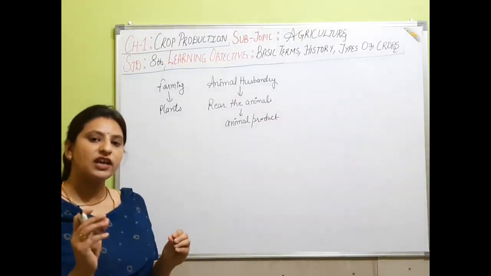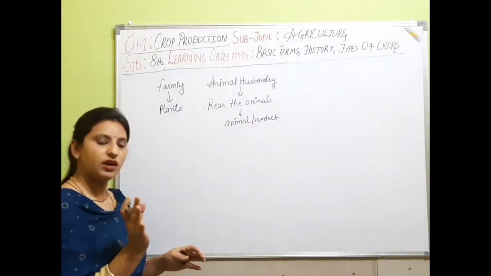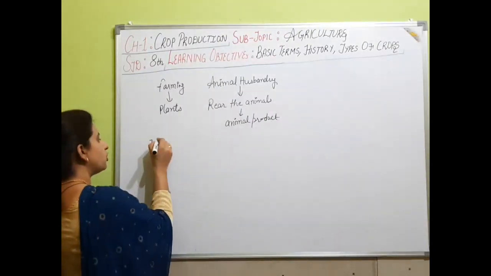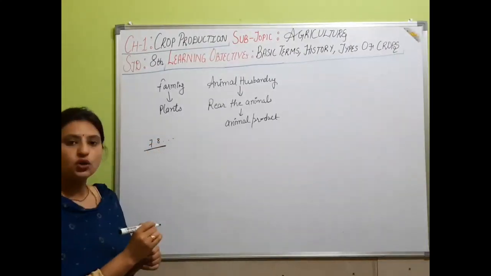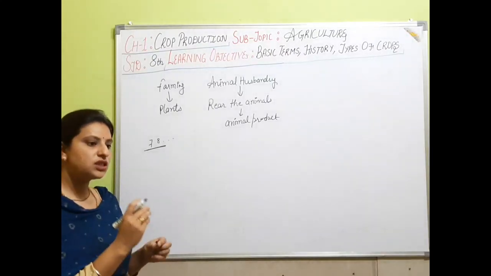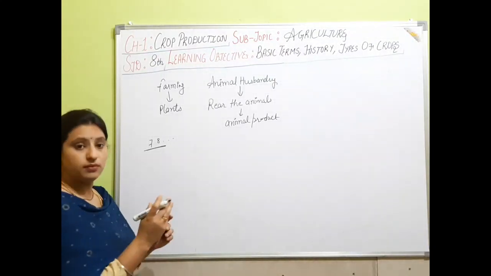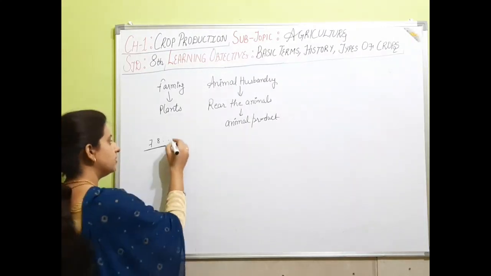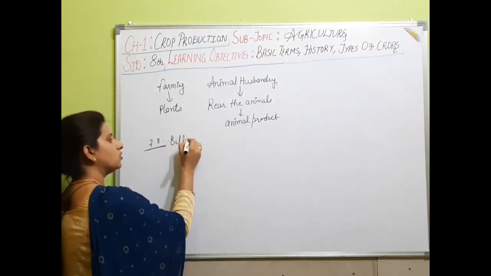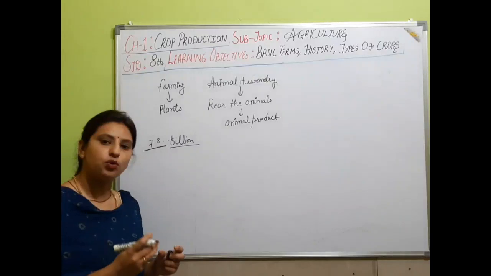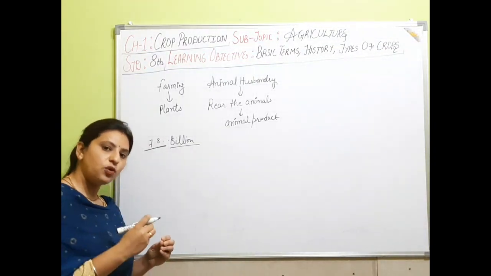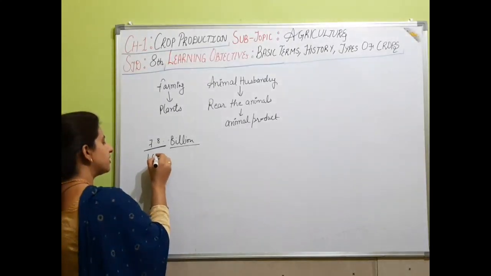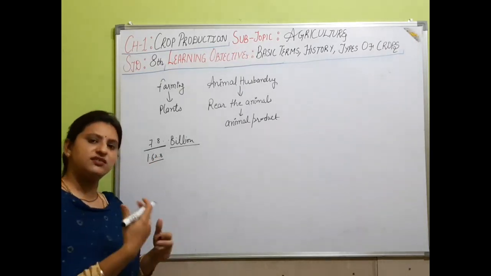Now I am going to draw your attention to some numbers, like 7.8 or something. This is the total population of the whole world, near about this many billion. And India's population is up to 1.67 or something, near about it, because it is increasing day by day.